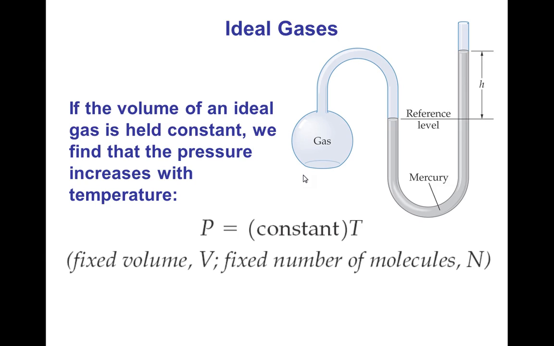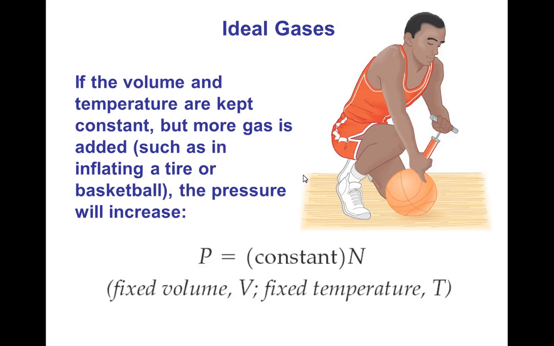If that happened, then all bets are off. But if we have a contained system with a fixed volume, I can know that if I increase the temperature, the pressure is going to increase. If I decrease the temperature, pressure is going to decrease. If I do add more molecules, if I pump more gas molecules into my basketball, the pressure will increase. If I allow the air to slip out of the basketball, then the pressure would decrease.